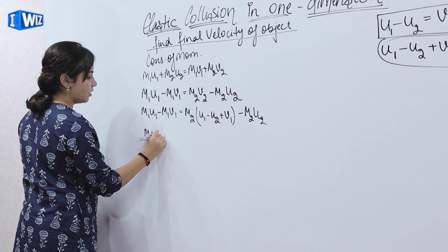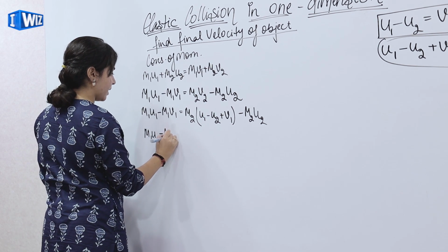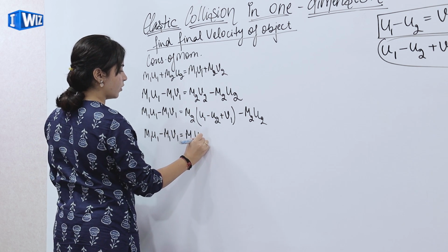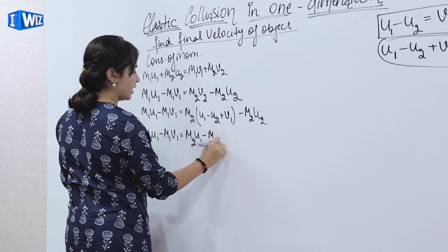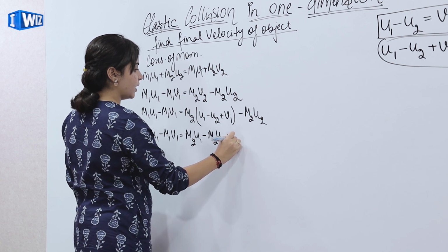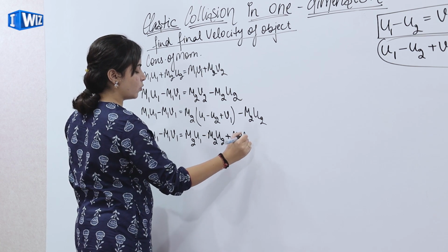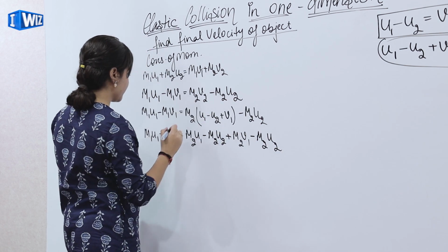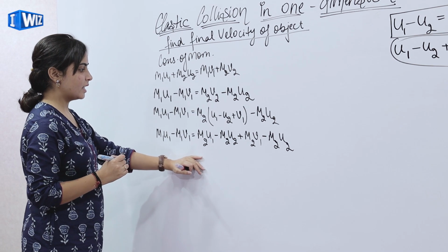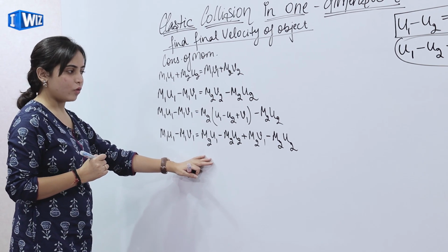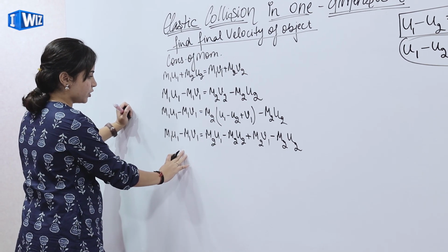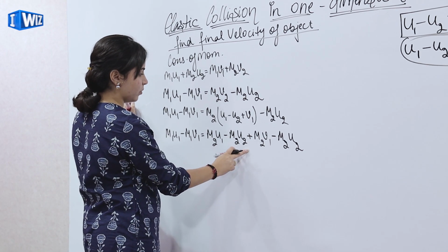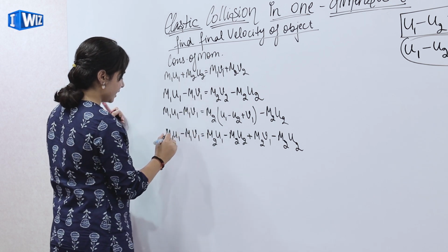Solving this further, m1 u1 minus m1 v1 is equal to m2 u1 minus m2 u2 plus m2 v1 minus m2 u2. Now I'll see if something is cancelling, then I'll cancel it from this equation. m2 u2 minus, this is also minus, so nothing is cancelling.